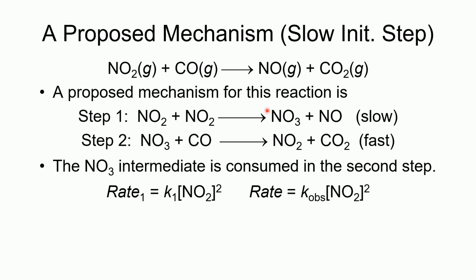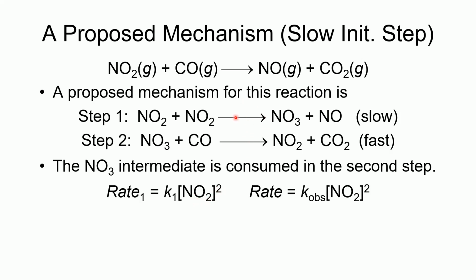All right. And the rate law for that first step would be this. Now, one of the cool things about when you have a slow first step is that whatever the rate law for that slow first step is, that's going to be the rate law for the overall reaction. So the rate law for step 1 is k1, which is just our rate constant for the first step, times the concentration of NO2 squared.